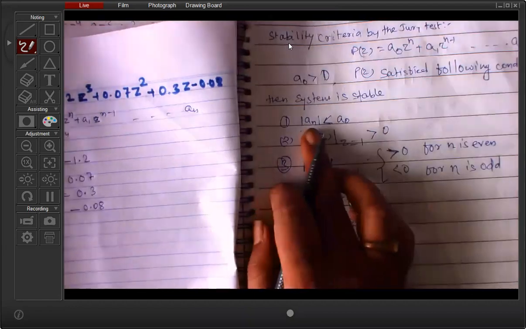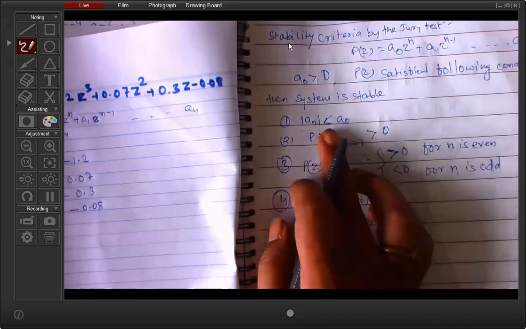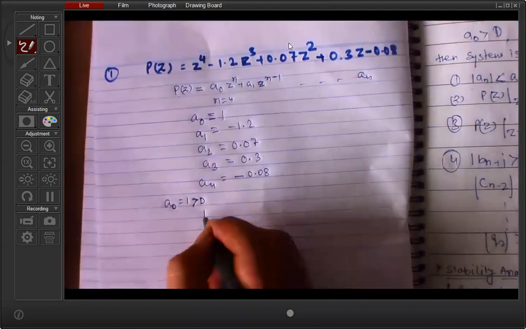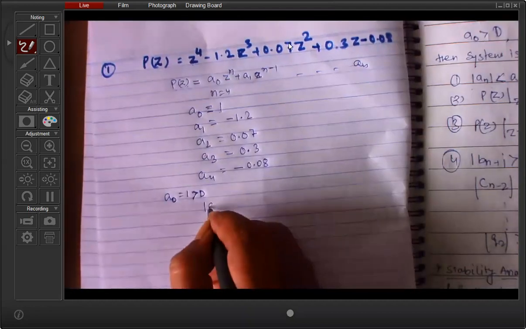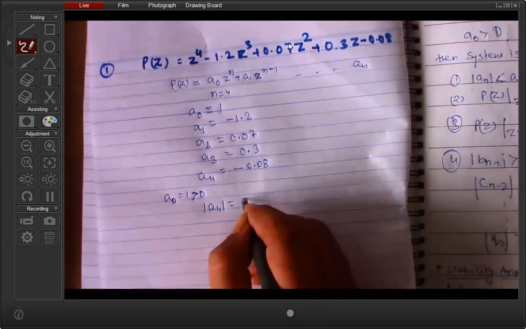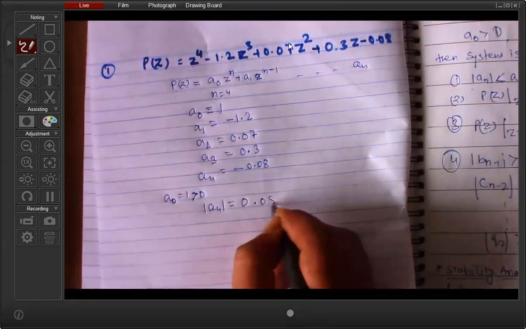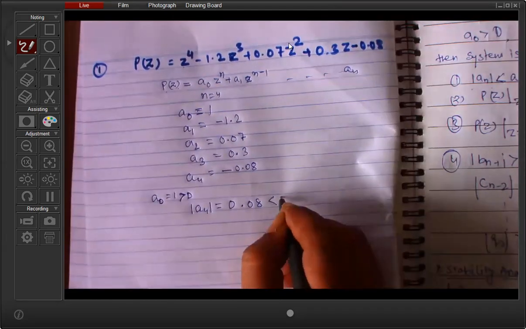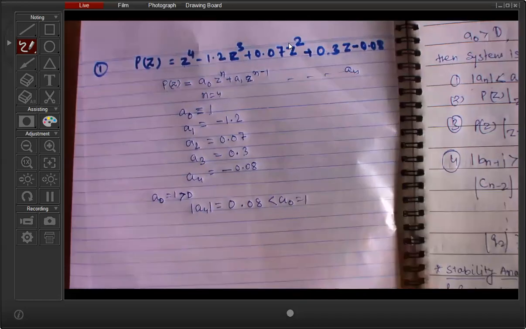Second, the magnitude of an must be less than a naught. The magnitude of a4 is 0.08, which is less than a naught equal to 1. Yes or no?